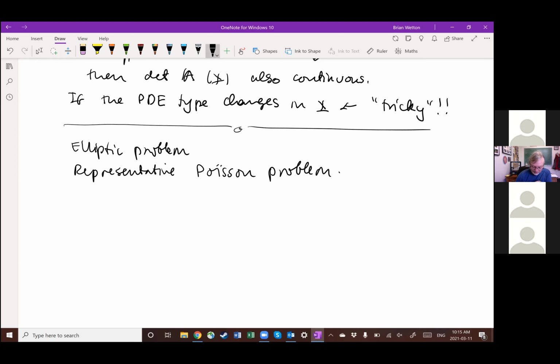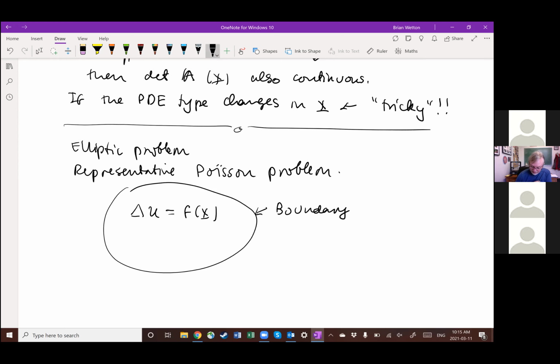So this is Laplacian u equal to f of x with boundary conditions all the way around. The simplest are homogeneous Dirichlet boundary conditions. That makes a well-posed problem.